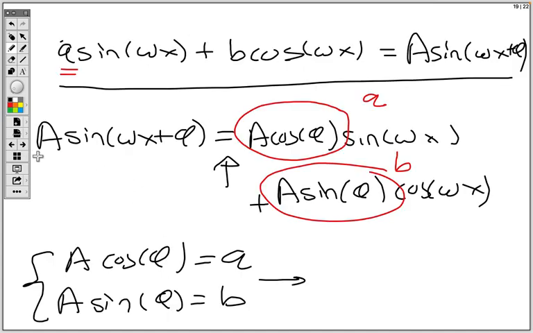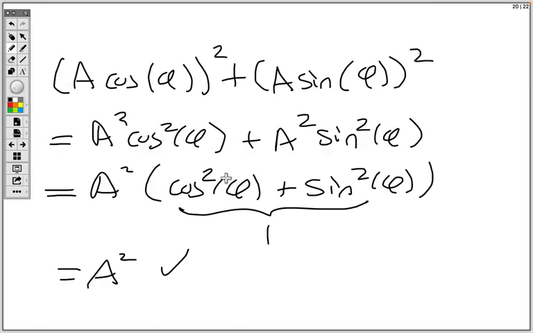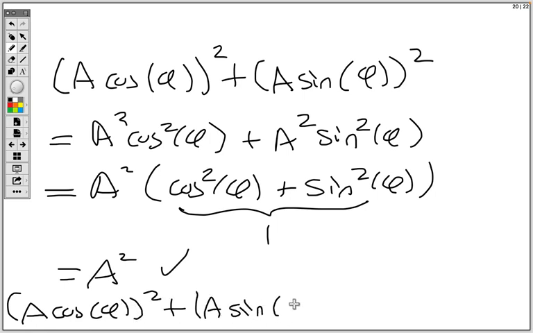But on the other hand, A cosine phi is little a, A sine phi is little b. So A cosine phi squared plus A sine phi squared, that's also going to be little a squared plus little b squared.